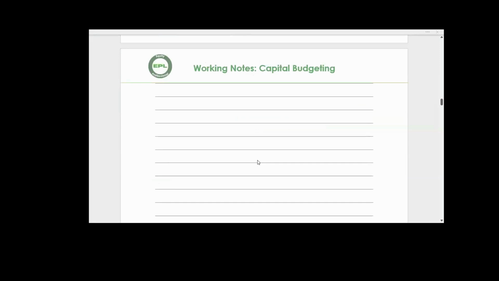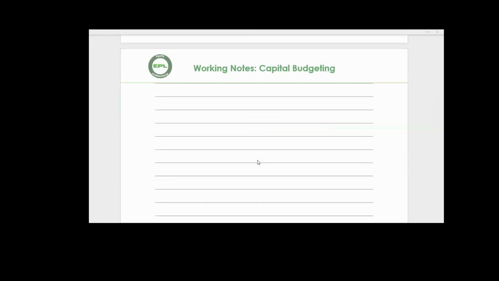You can see in this question, you have sales value, variable cost, working capital, incremental fixed cost, scrap value, initial outlay, inflation and taxation. You have been given multiple variables. So in this case, you cannot use the other format. You have to use the columnar format to compute your NPV.